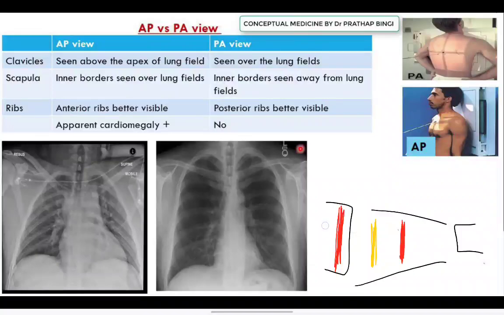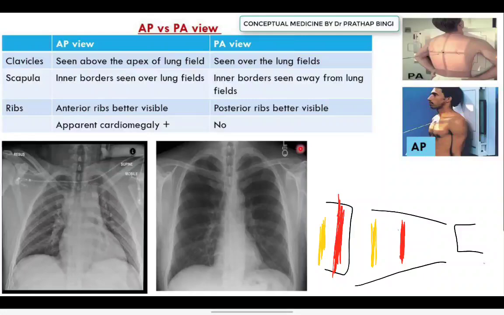The yellow one will appear like this at its size, but the red one will appear larger than its actual size. Okay, let's apply this to the patient.